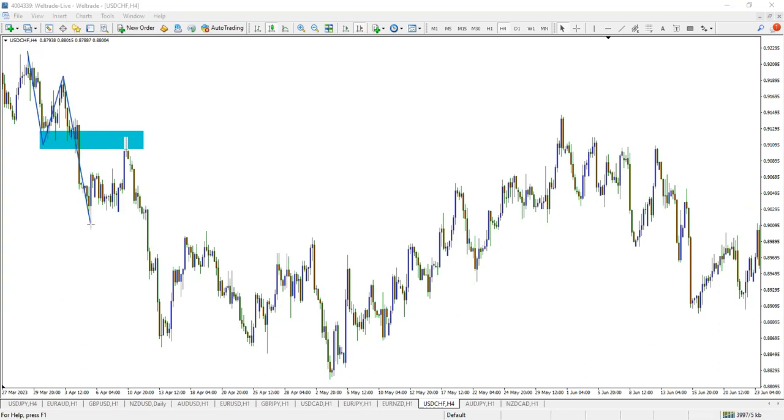So in this case, we are looking for a short from this high, and you should know your next low is your TP. The next low in this case is right here. So definitely this would be my first TP. When price gets to that low and starts rejecting, you should know it's time to close your trade.